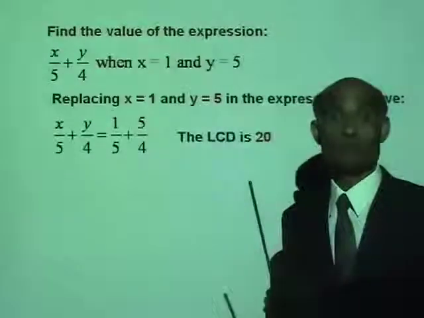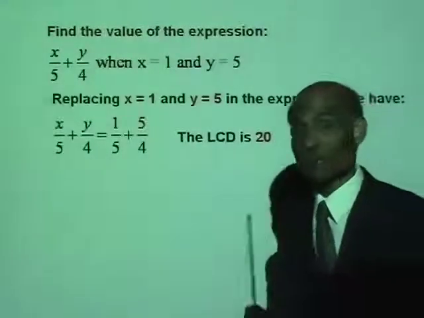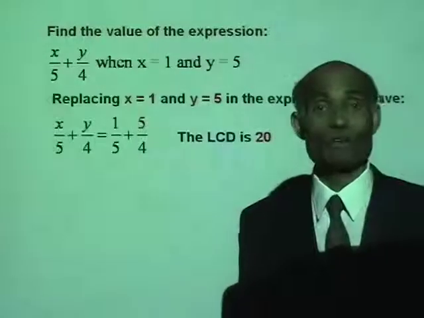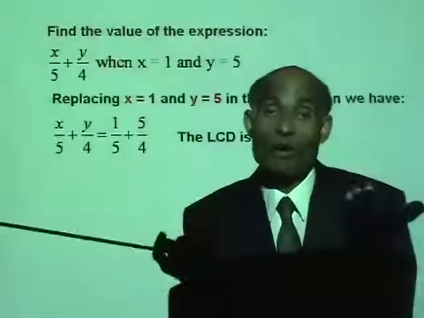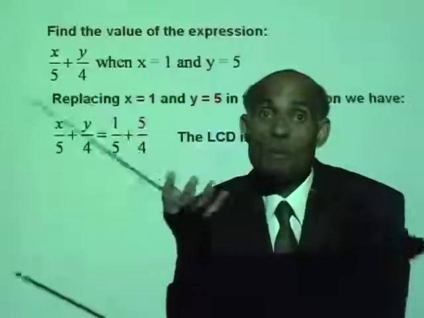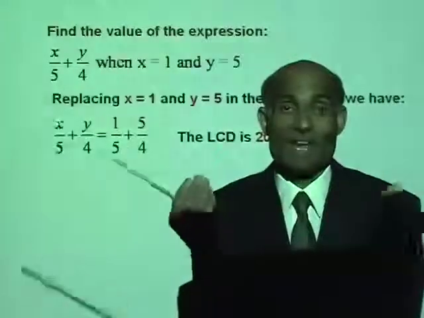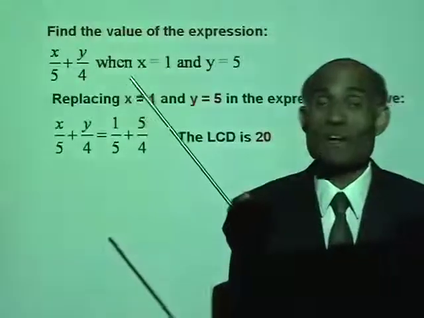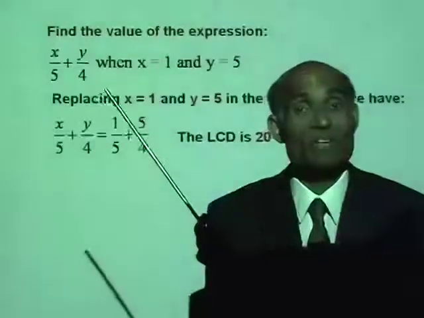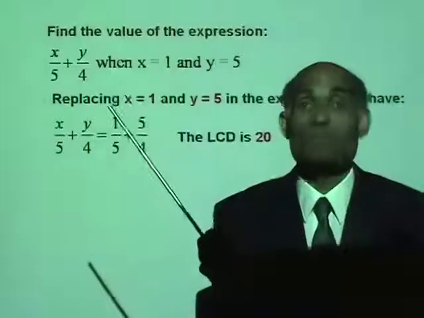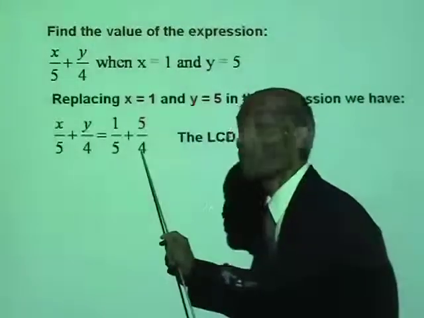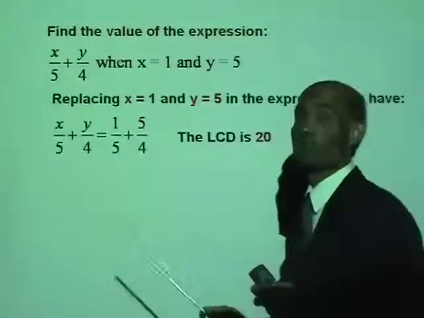What do we do? Take the LCD. What is the LCD of 5 and 4? 5 and 4 have no common factors. Now, when you want to find the LCD of two numbers that have no common factors, what do you do? You simply multiply them. So the LCD of 5 and 4 is 20.